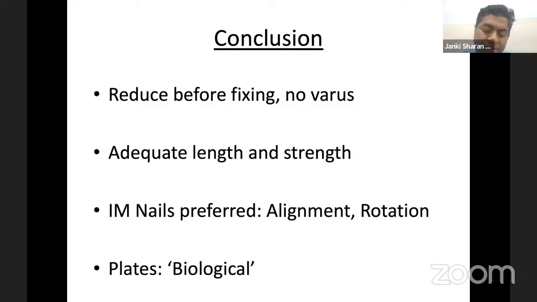Is it always necessary to put a long nail, or we can do it with the short nail also? If it is a relatively young person with strong bones and the proximal fracture has no extension at all, then a relatively short nail will be fine.